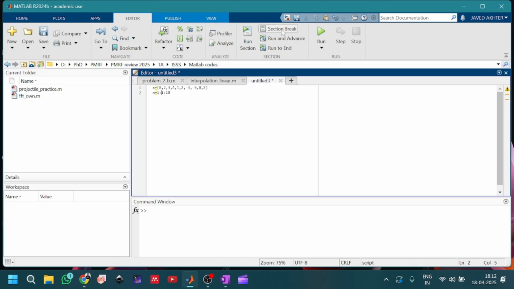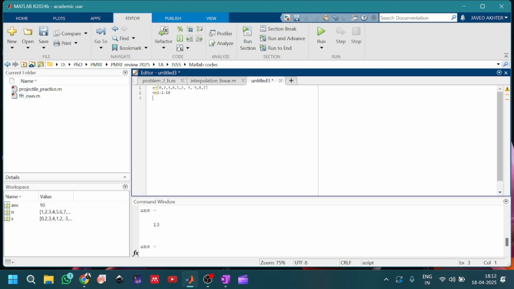So let me just check it. Okay, so you have this. Let me check their length if they're equal or not. Length of n, length of x. Okay, so they are equal.